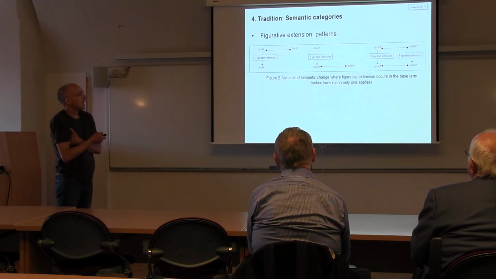I mean, the root may have been like as in brick, where figurative extension doesn't play a role. The verb derives from the base noun, and the figurative extension comes later in the noun, so it doesn't play a role here.